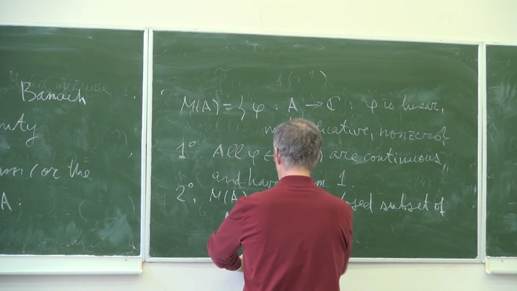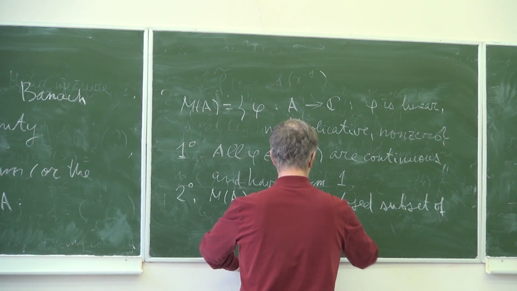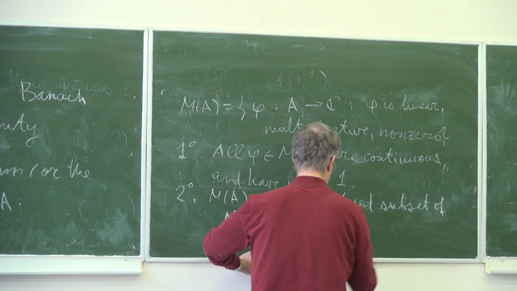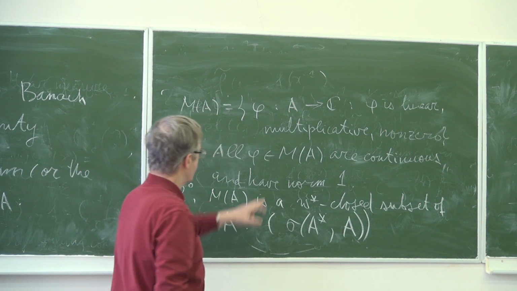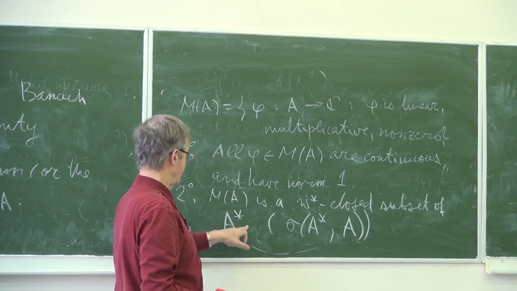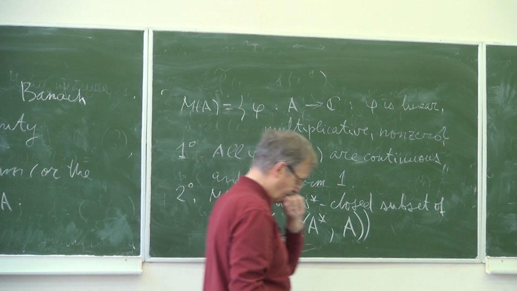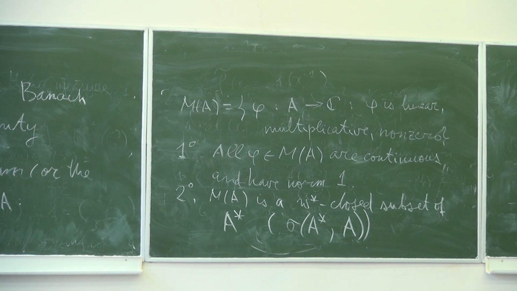W star means the weak topology induced in A star by A. Since all of them are of norm 1, this is in fact a closed subset of the unit sphere, closed in this weak topology.